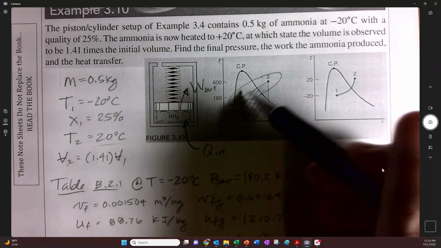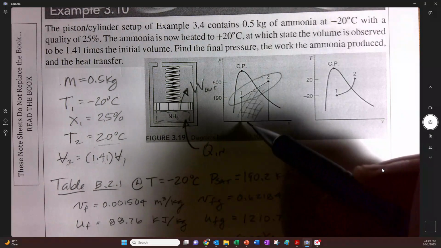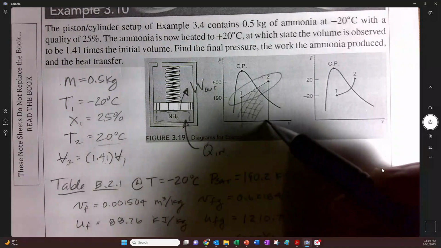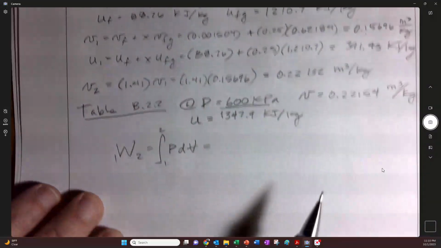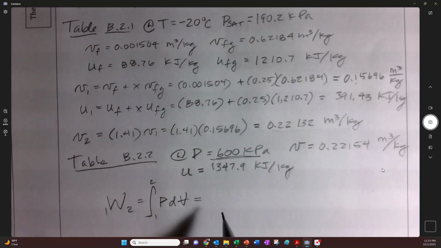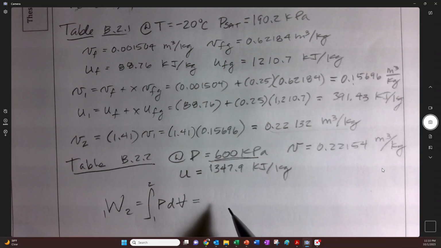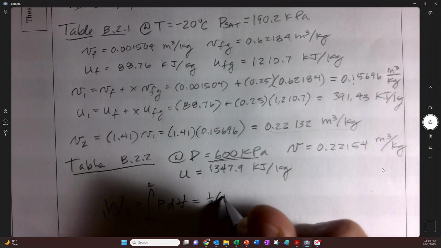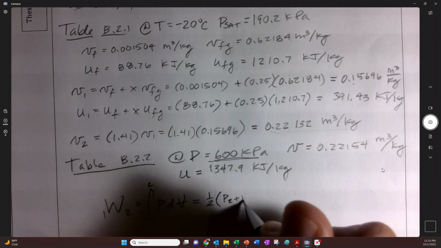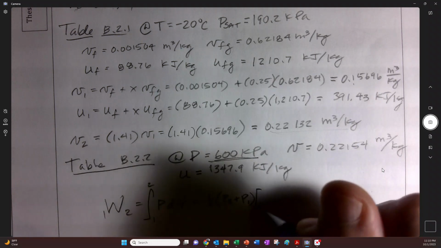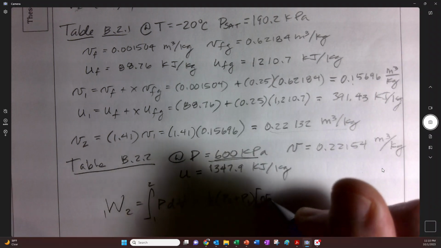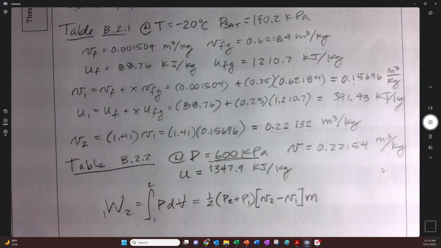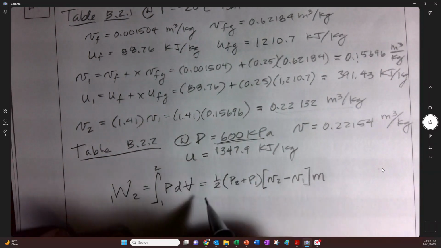So we take the average pressure and multiply it by the base, which is the change in volume. And our change in volume is on a per mass basis, so we're going to need to multiply by the mass there. So we have 1/2 times P2 plus P1 times V2 minus V1 times m, because these are on a per mass basis.